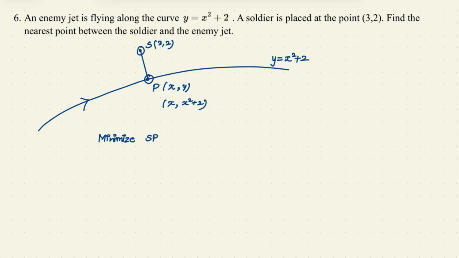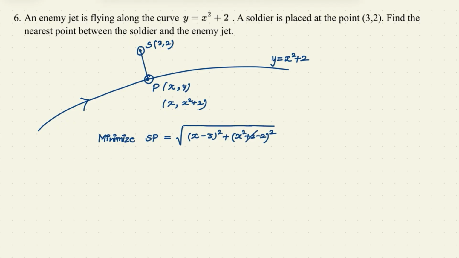And we know from the distance formula the distance between any two points is given by the square root of (x2 - x1)² + (y2 - y1)². So here if I use that formula, then I'll have (x - 3)² + (x² + 2 - 2)². See here, for x1, y1 I consider this point, and for x2, y2 I consider (3, 2).